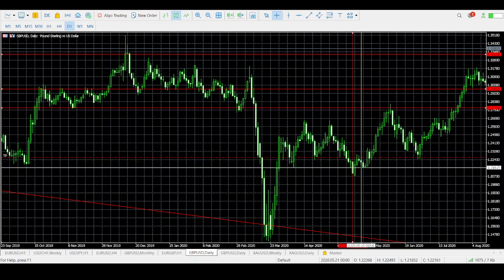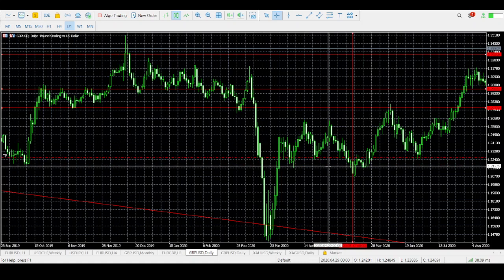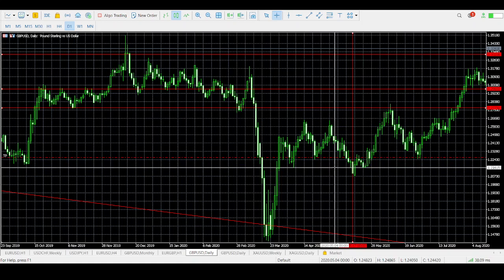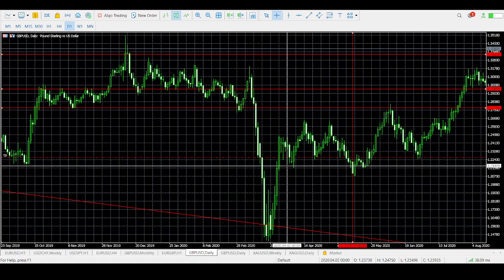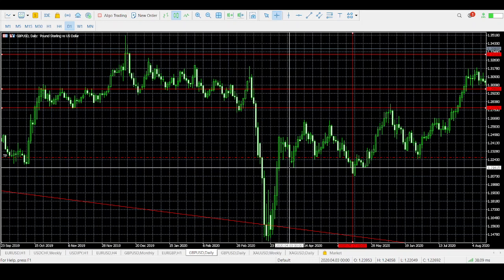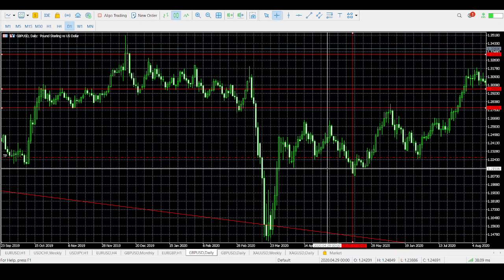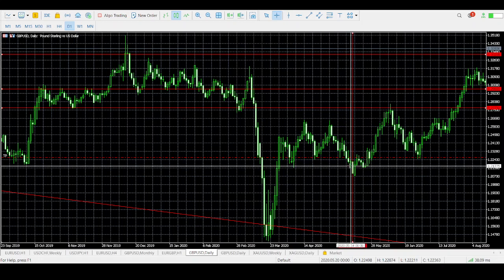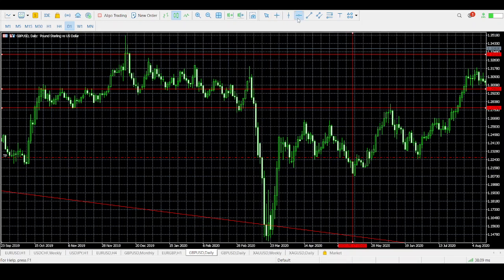And this is the 50% of the white candle level. And actually, if you have a look in the past, this holds as a resistance support level. So it would be a nice level to put for our trade.